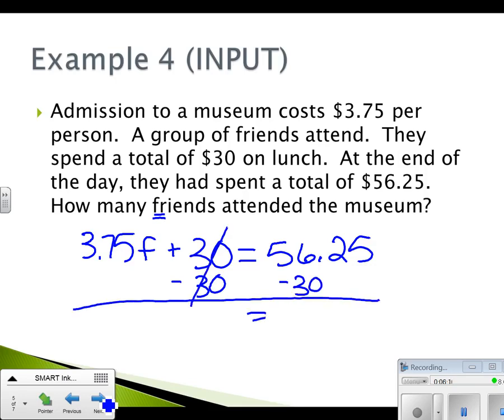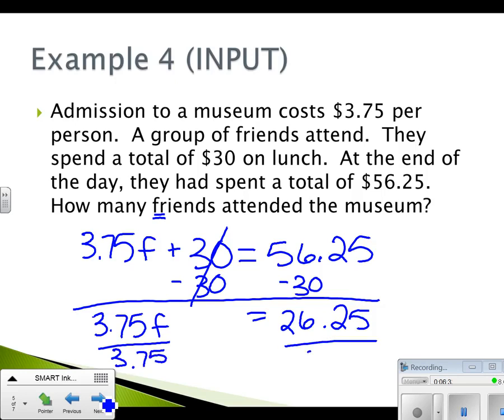That simplifies to 0. So we have $3.75 per friend or per person is $56.25 minus 30. That gives you $26.25. Then opposite of multiplying by 3.75, you're going to divide by 3.75 on both sides.